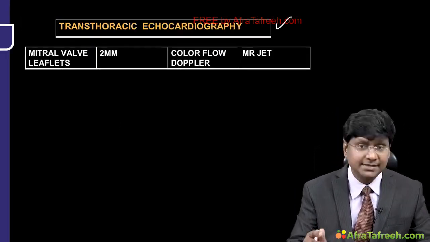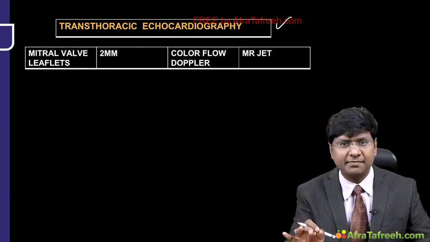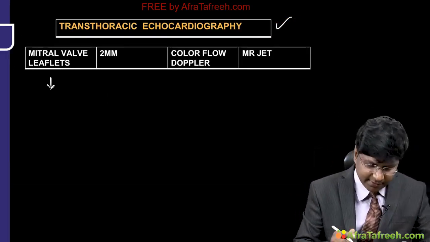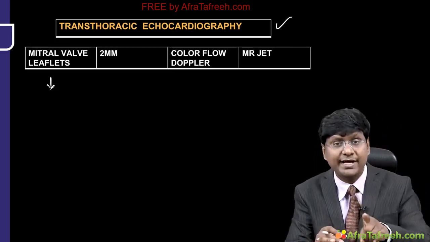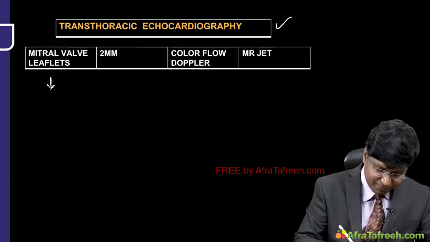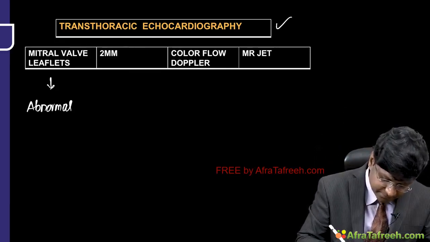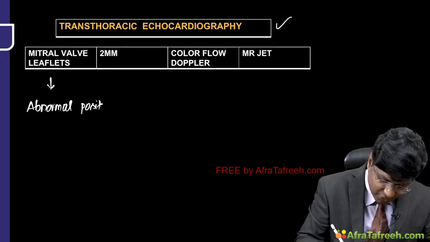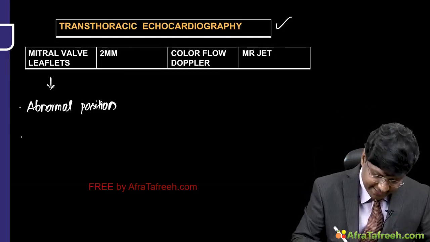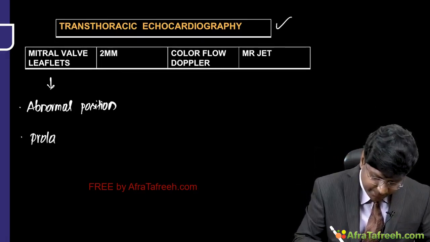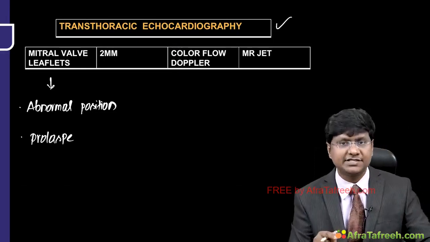Next is the transthoracic echocardiography. First and foremost, the reason why we do transthoracic echocardiography is that the 2D echo will show you the abnormal position of the mitral valve leaflets, and it will also demonstrate the prolapse of the mitral valve leaflets into the left atrium during LV systole.